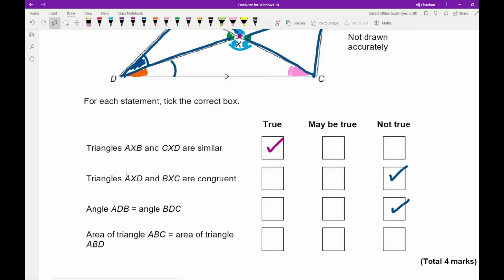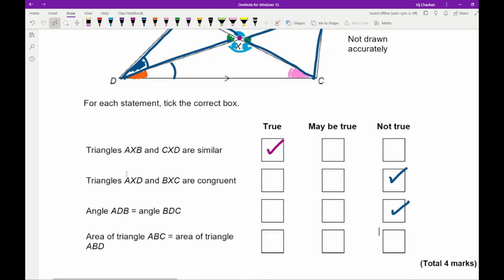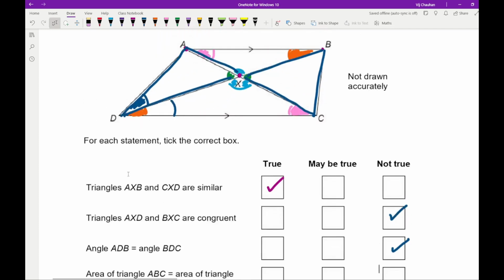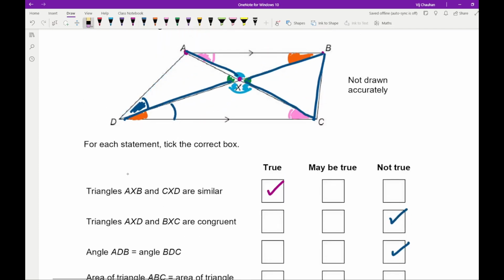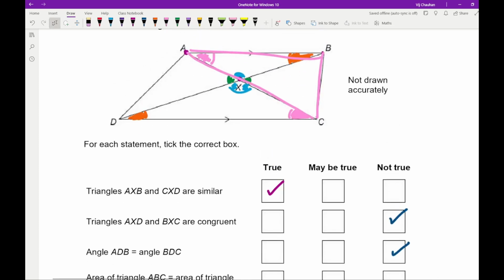Then it says triangle ABC is equal to triangle ABD. Let me just get rid of the shading that I've already done. ABC, which is this triangle here, is equal to triangle ABD.